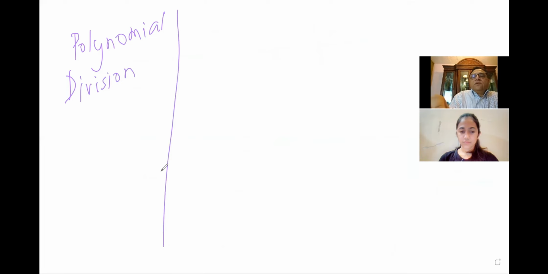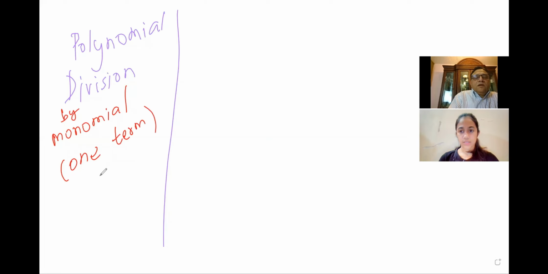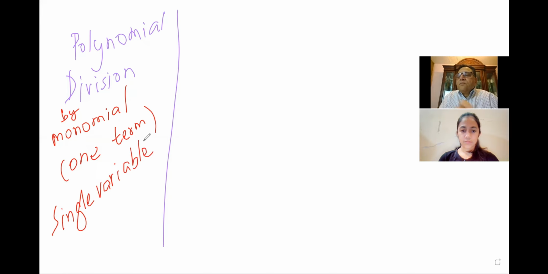So first case we will take when we are dividing by a monomial. Monomial means only one term. Is that okay? We are also talking about single variable. Is that clear to you? So we could take examples like what?